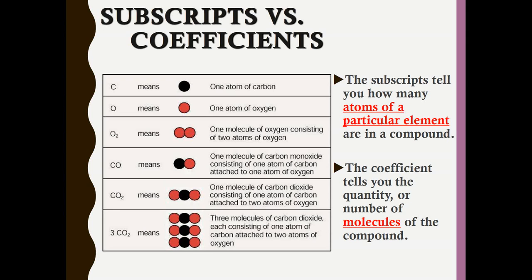On the last line, where it says 3 CO2, it tells us that I have 3 molecules of carbon dioxide, and each of the carbons is attached to 2 oxygens. So as you can see, the subscripts tell you how many atoms of a particular element are in the compound, but the coefficient tells you the number of molecules of the compound. So that's the difference between the subscript and coefficient, and you always have to remember that you can change the coefficient number to balance the equation, but you cannot change the subscript.